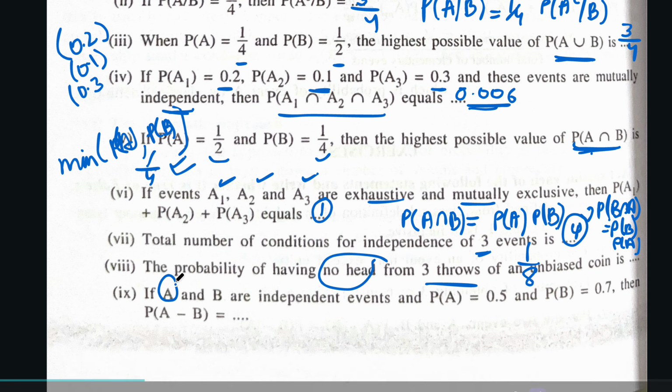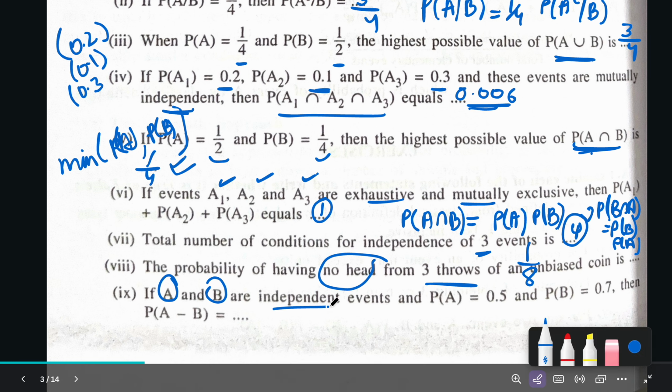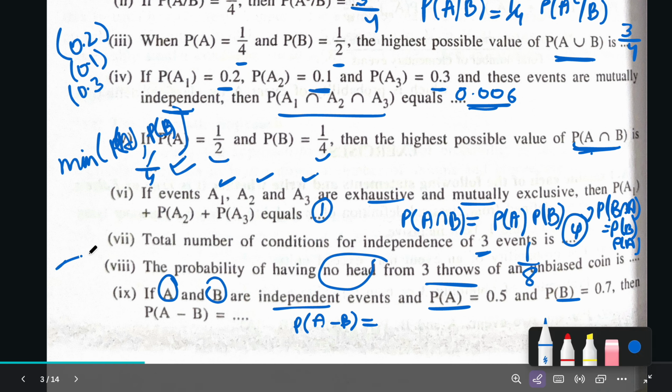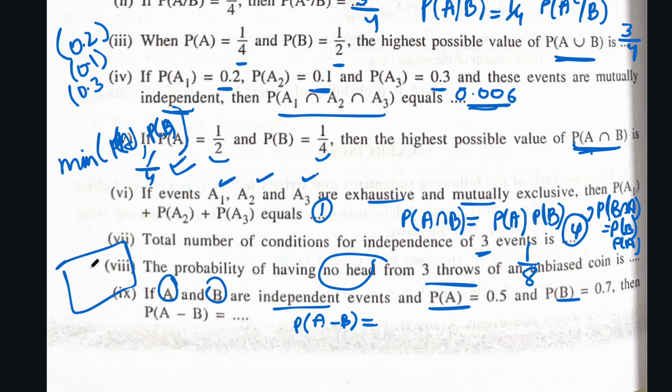Okay, if A and B are independent events, probability of A is this, probability of B is this. Oh, probability of A minus B would be... Let's construct a box. This is my box. A is 0.5, 0.7.